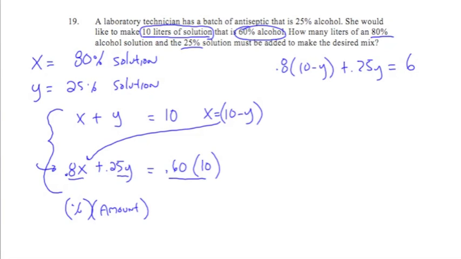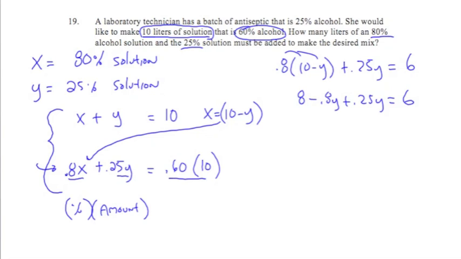Okay. On the left side, I'm going to distribute the 0.8. So that's going to give me 0.8 times 10 will give me 8, and then minus 0.8y plus 0.25y equals 6. Now I'm going to combine my like terms there.